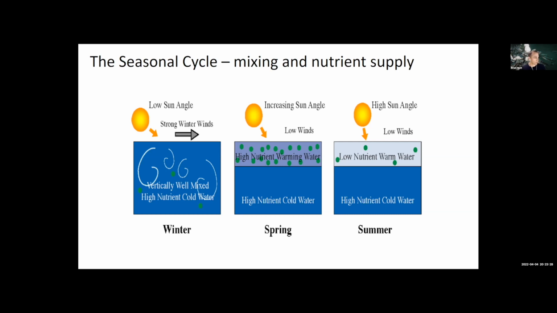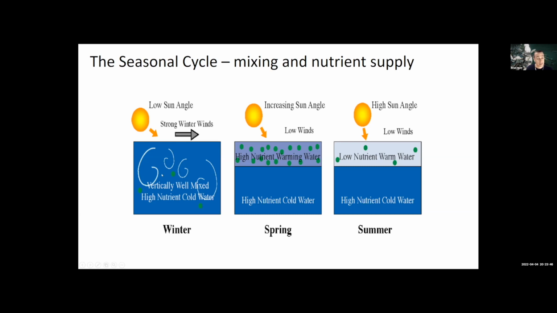So if you look at the winter time, we have low sun, so there's not much sunlight for growth. There's strong winds in winter, and that means that you get a lot of mixing, deep mixing in the water. And that's indicated here by these white squiggly lines.